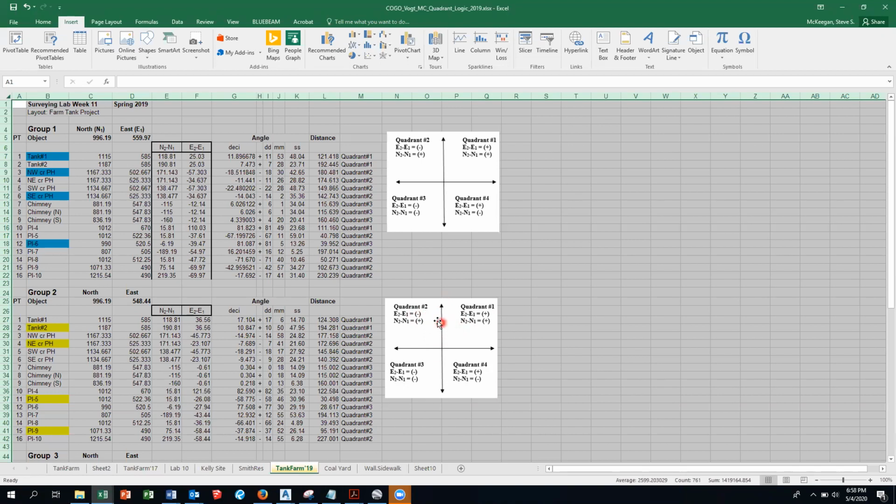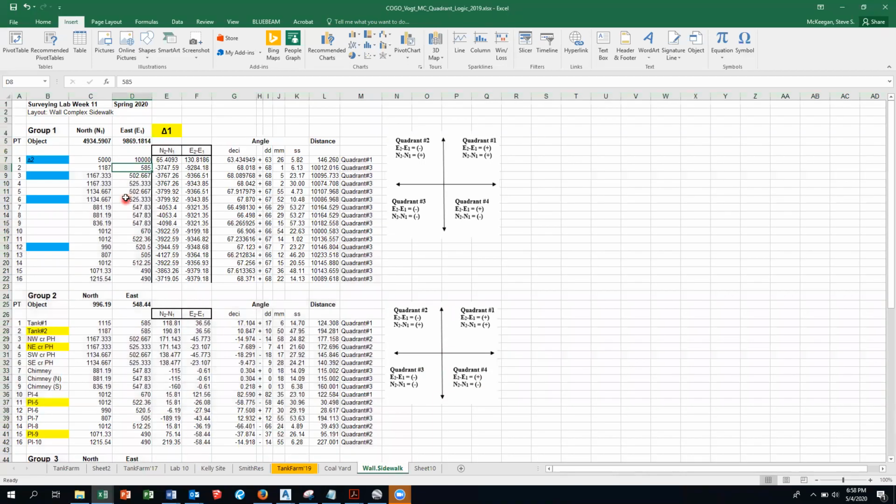If it's in quadrant 2, it's measured counterclockwise off the south line, or off the north line. If you're in quadrant 3 or 4, then your back sight is again, N1, E1 is right here, and you are looking due south, that is your back sight. Doesn't have to be, but that gets into more complex stuff, which the book does, which we just don't have time for.